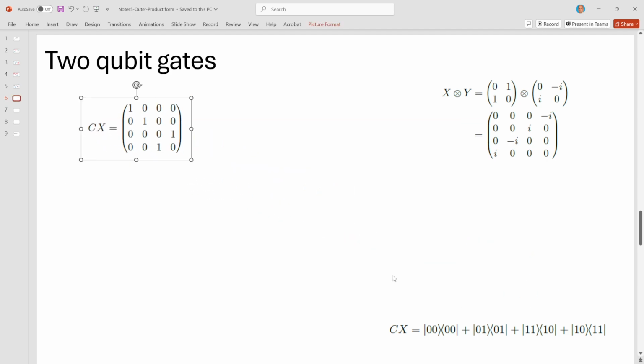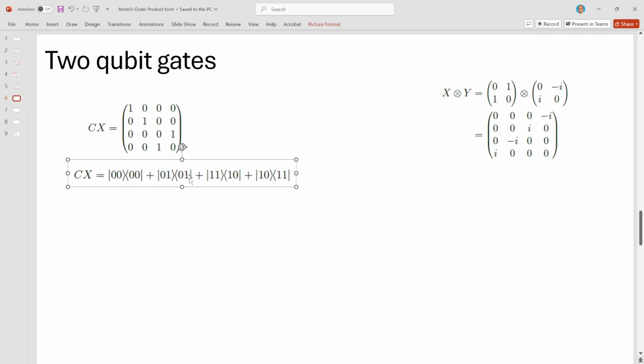This was the control X gate matrix that we had last time. We can now see that this should be the outer product representation for it, because this corresponds to this term, and this one is this term, because all of these terms have 0 0 on the left, all of these terms have 0 1, all of these terms have 1 0, and all of these terms have 1 1 on the left.